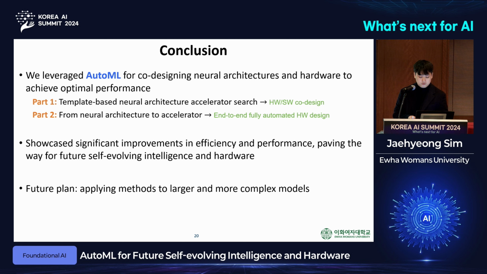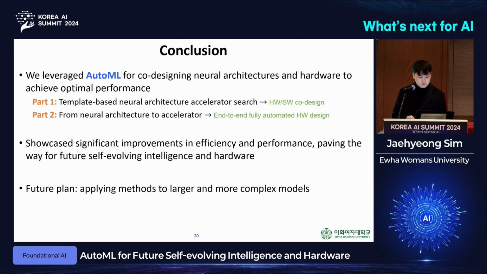And in the second part, we have a neural architecture as an input, and we flexibly generated the output accelerator. It's an end-to-end, fully automated hardware design. In this case, we used a graph neural network encoder and decoder. The encoder takes a neural architecture as an input and makes a latent vector, and the decoder takes a latent vector as an input and generates the accelerator.